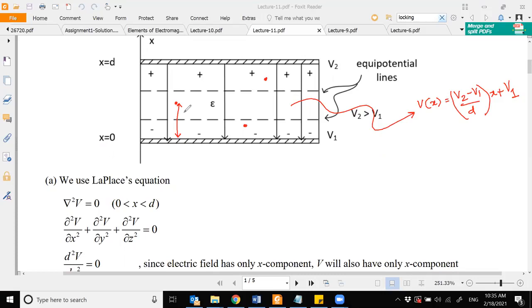If this point is A, at a distance A, then the potential will be V2 minus V1 over d times A plus V1. So this expression will allow you to find the potential anywhere inside the plane.